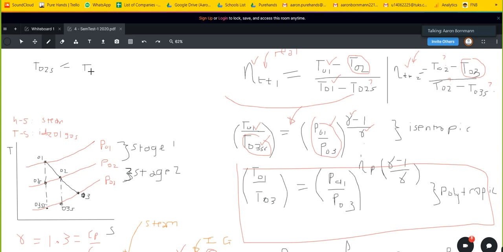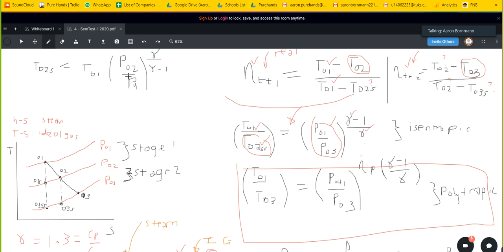You use one of the general equations, which would be T01, right? And then you multiply it by the base, then you'll have P02 over P01, and the top part switches around, the exponent.